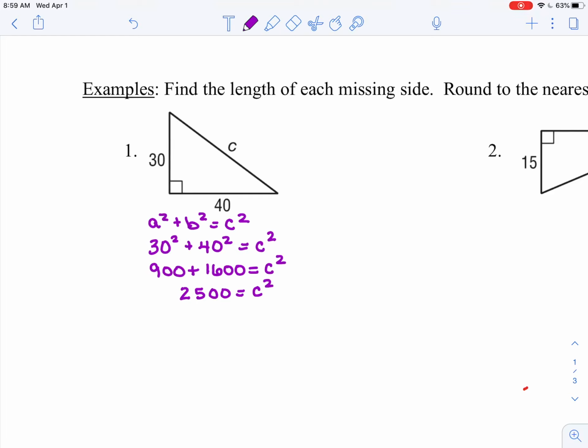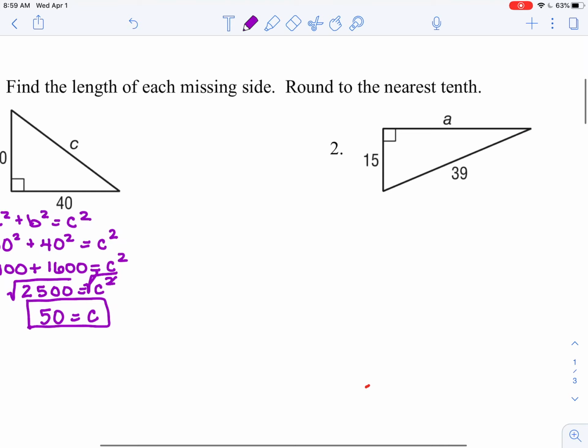And since we want plain old c, not c squared, remember the opposite of squaring is to square root. When we square root the left side, the square root of 2500 is 50. On the right side, squaring and square rooting cancel each other out, and we just get c. So the hypotenuse of this right triangle is 50 units long.